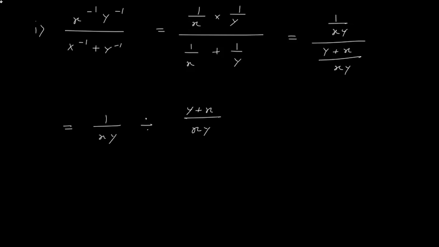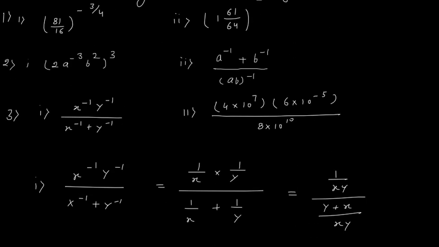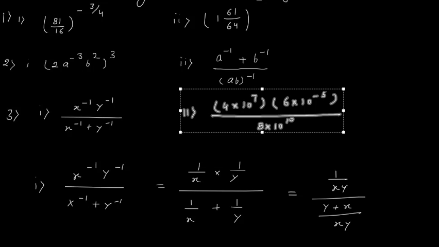So this is 1 upon xy into, this division will become multiplication, into xy upon y plus x. So this xy and this xy will cancel, and finally I have 1 upon y plus x. So this is first part of third question. Let us see this second part.